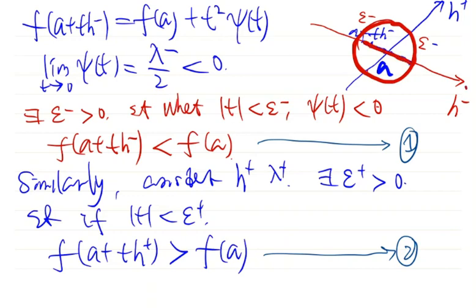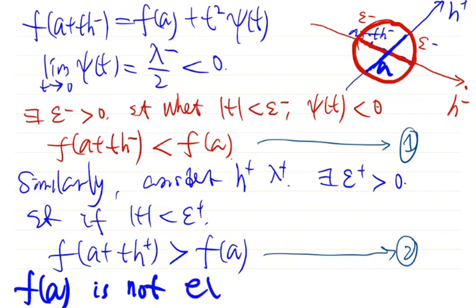I draw one in red. The value of f at those points is less than f(a), while the value of f at those points in the direction of h plus is greater than f(a). So f(a) is neither a local minimizer nor a local maximizer. So this proves our theorem. Okay.